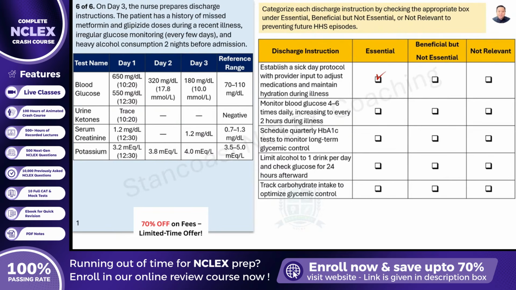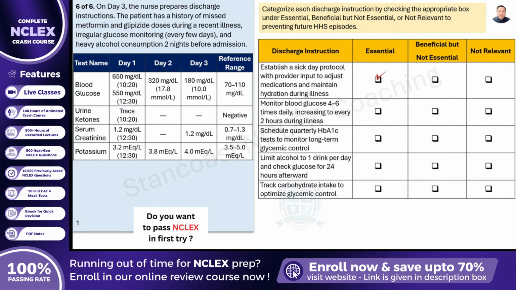When he was sick, the body naturally produced more stress hormones like cortisol, which contributed to the hyperglycemia. And when the patient stopped taking those 2 anti-diabetic medications at the same time, that was actually the reason why there was hyperglycemia.